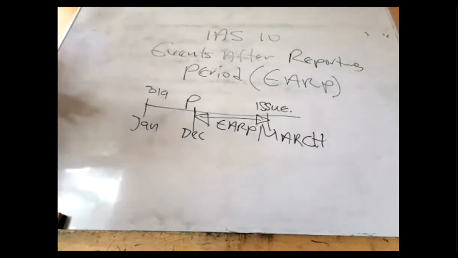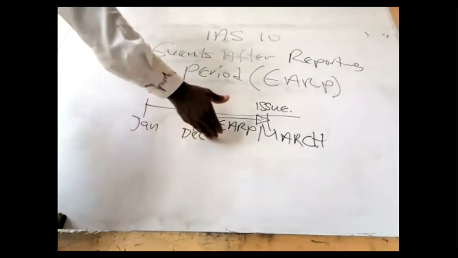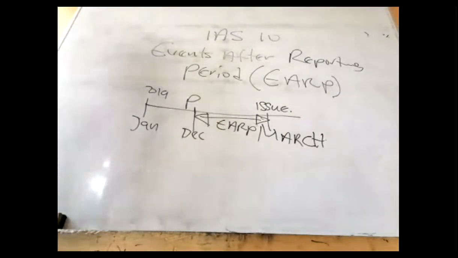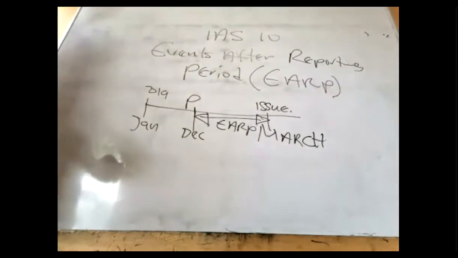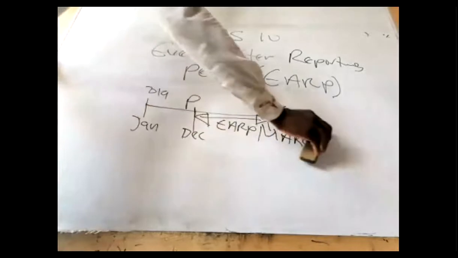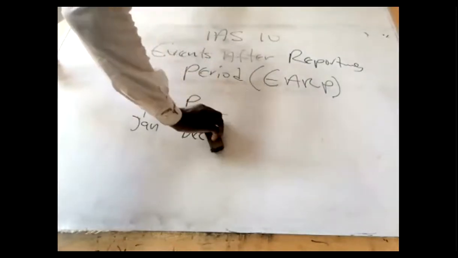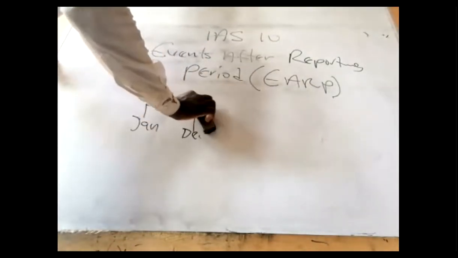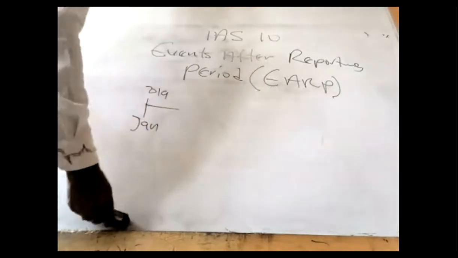After publishing, IAS 10 does not cover it. So in short, events after the reporting period represent favorable and unfavorable events which take place between the date at which the financial statement is prepared and the date at which the financial statement is published.